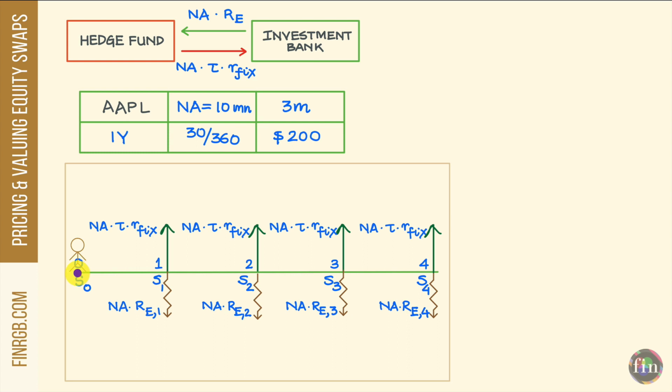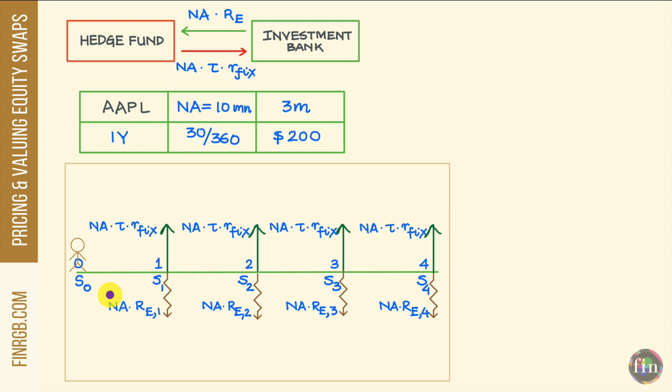The return for this first period would simply be S1 over S0 minus 1. The return for this period will be S2 over S1 minus 1, and so on. What the investment bank pays to the hedge fund is not just the percent return, but rather it pays the percent return times the dollar notional amount for this equity swap. And therefore, this cash flow can be thought of to be a dollar return.